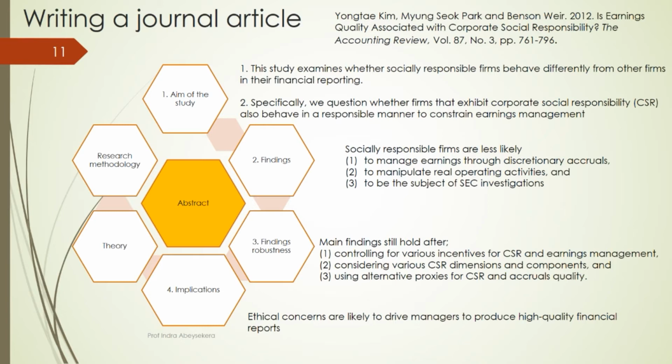Then it looked again at whether it is consistent with the main findings. Then it also used alternative proxies for CSR and accruals quality, and looked at whether it is consistent with the main findings. So those things held true with the main findings.